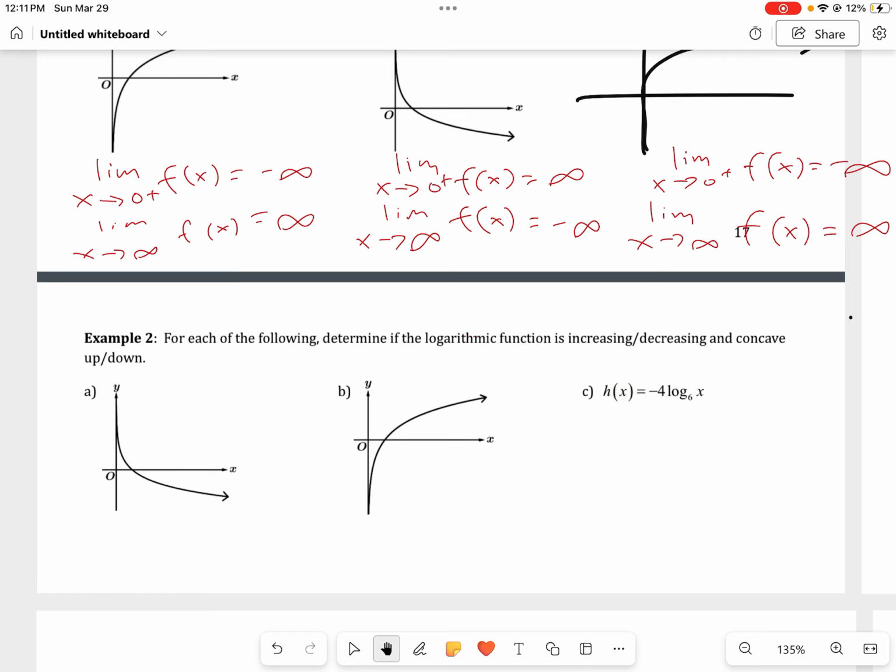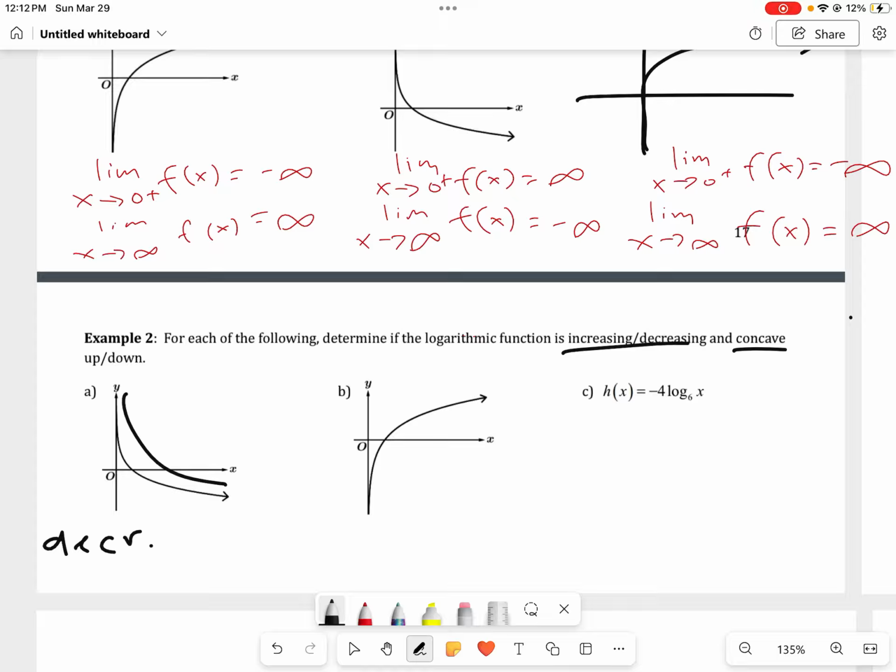Okay, so it's asking if the function is increasing or decreasing, and if it's concave up or down. To check if it's decreasing or increasing, you check the values; for concavity, you check at what rate it's doing it. So this function right here is decreasing. I actually confused this for a while, but it's obviously decreasing. And as it's decreasing, the values are beginning to be less negative, right?